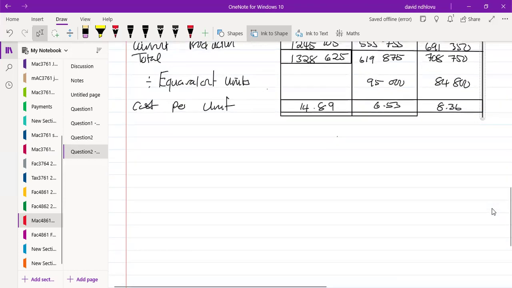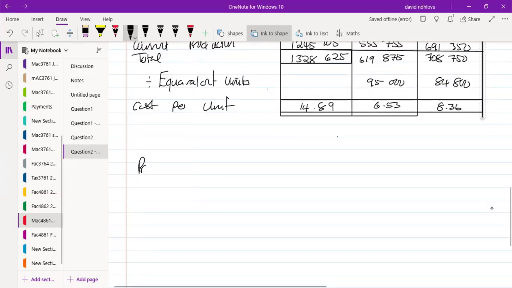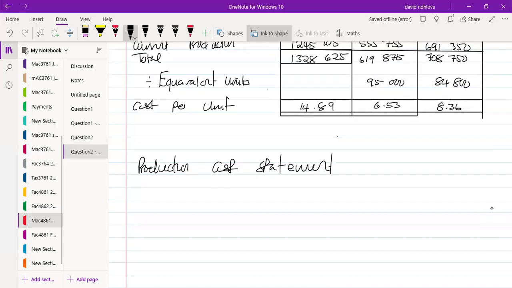So we then do what is called a production cost statement, which gives you certain figures that you need for your accounting.